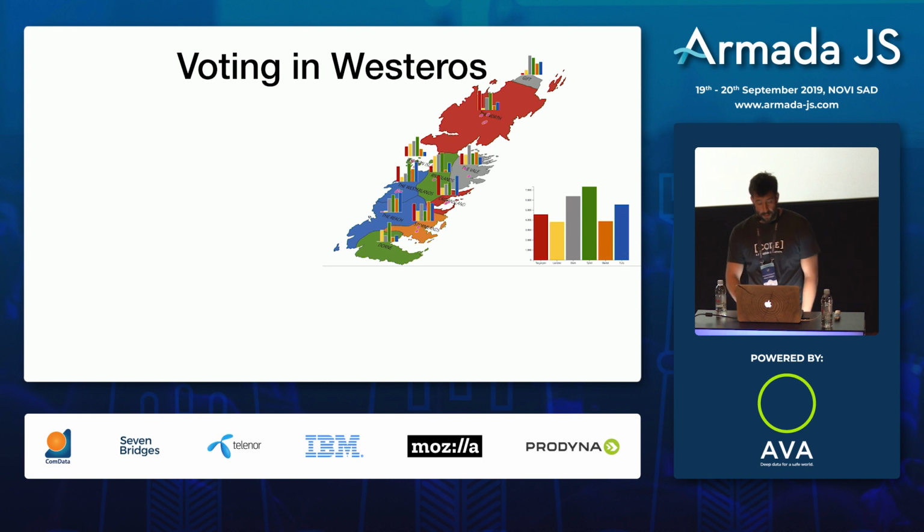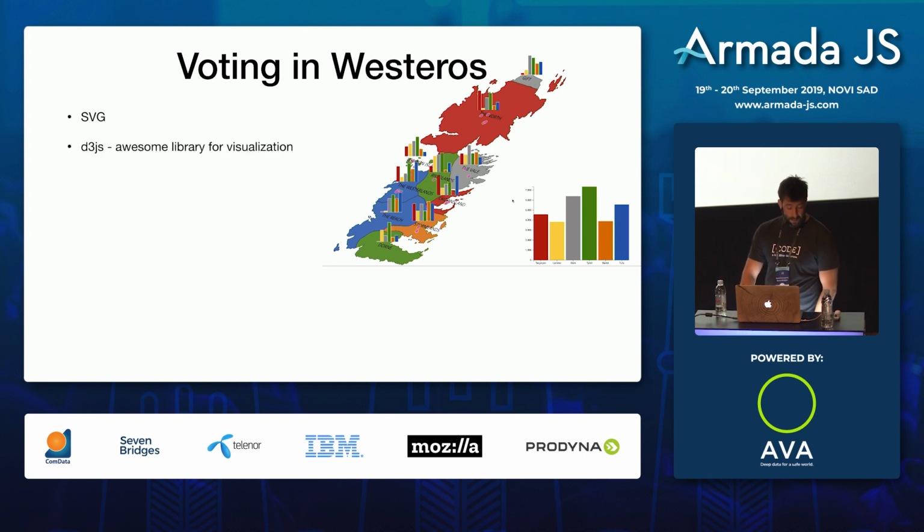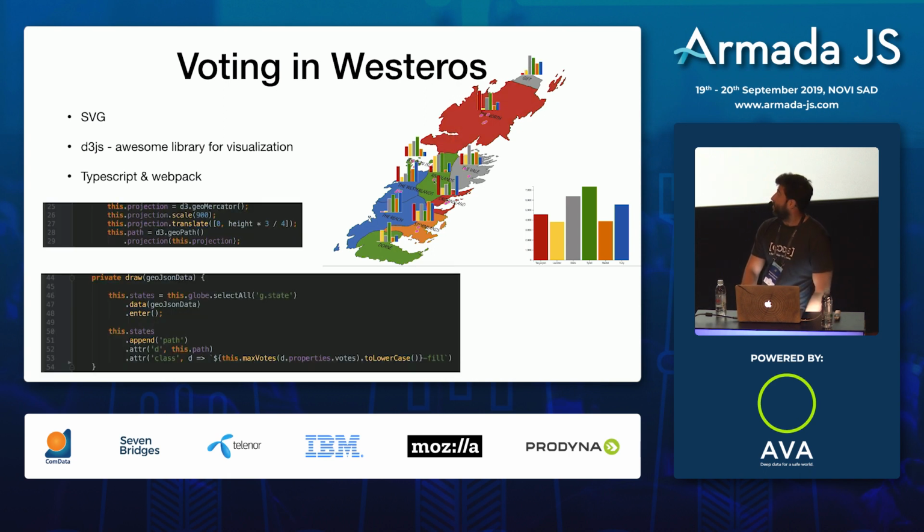Voting in Westeros. This is SVG. I used D3.js. It's a really awesome library for visualization. Try it. TypeScript and Webpack because they're awesome, of course. And I'm not going to teach you D3.js. I'm just going to show you this is the code you need for generating the map.